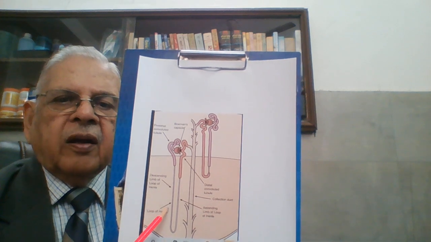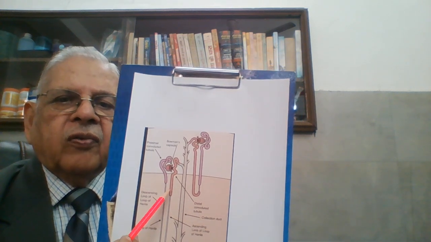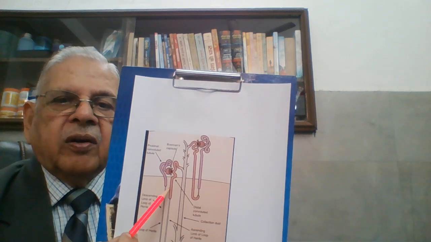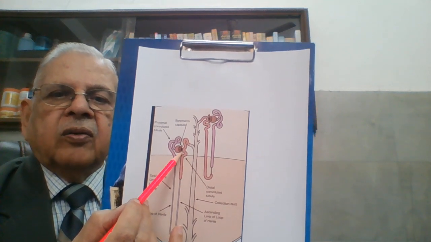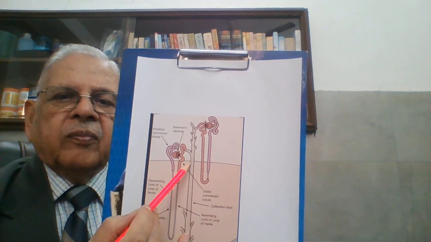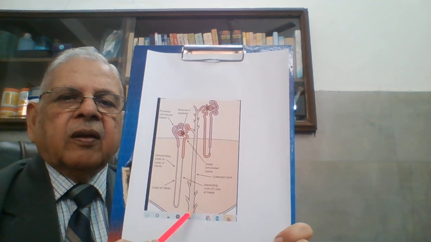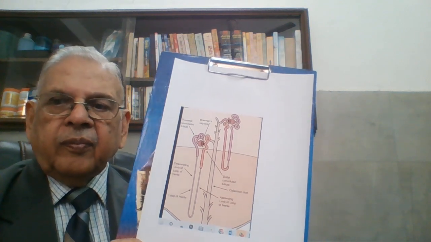After all this, the filtrate no longer remains blood because the constituents have been removed. Now it is the filtrate only, and it comes to the distal convoluted tubule, from there to the collecting tubule, then to the collecting duct, and finally to the pelvis of the kidney.